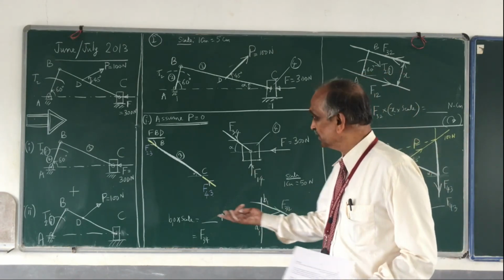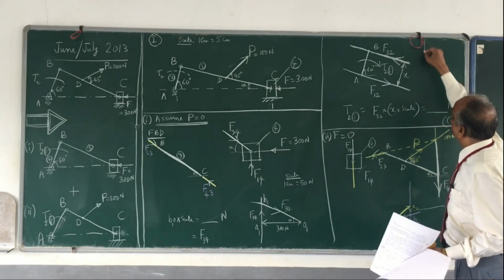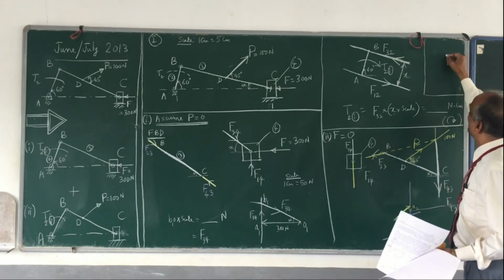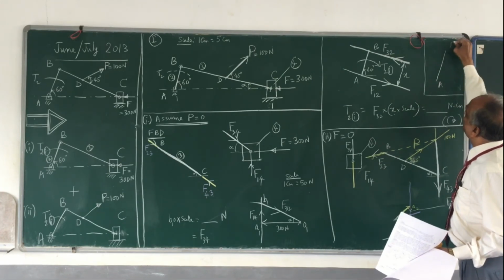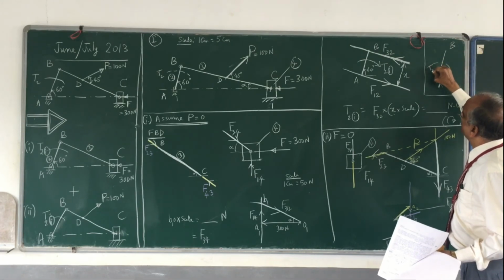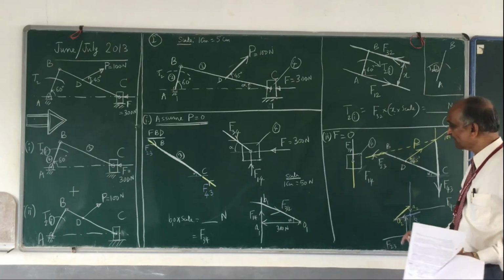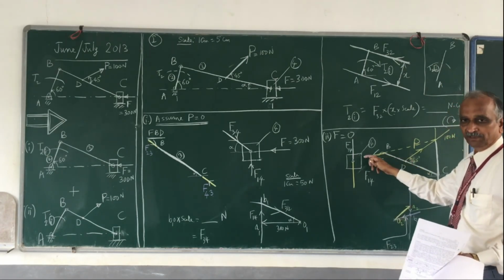So once you know F32, should I make some space here and then complete? Okay, draw the free body diagram. This is your A, this is your B. This is the torque T2, which I need to find out, T2 second, T22. So F23 is towards left.